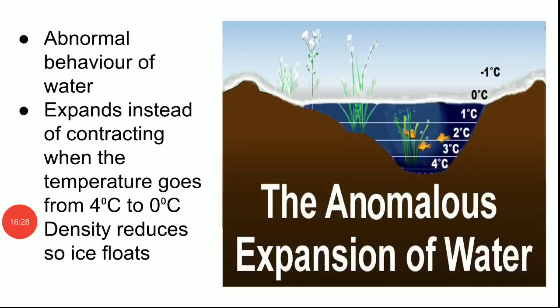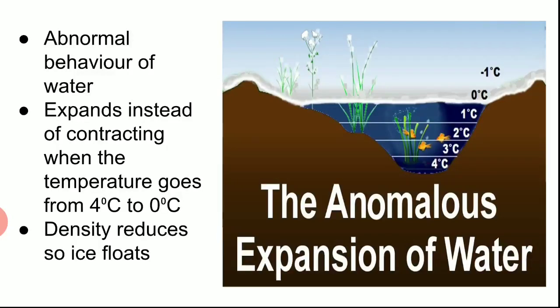Now in this place we see the ice which is forming, and above ice we have a negative temperature. The temperature is measured in minus. But down below the life is still existing.